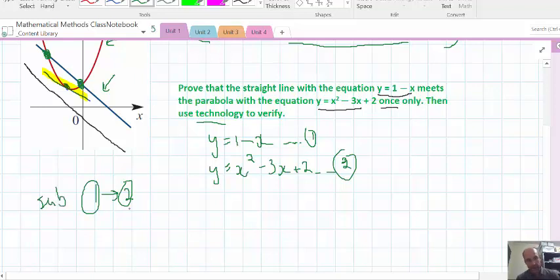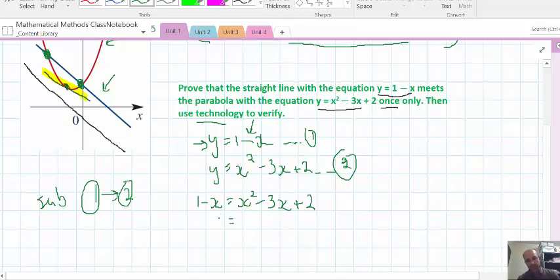So that's that substitution method. Wherever we see y, we can replace it with 1 minus x. It's still true. So subbing the result of 1 into 2, instead of writing y, I'm going to write 1 minus x. So 1 minus x equals x squared minus 3x plus 2. So you can see why we sometimes say setting one equation equal to the other. That'll be true at the point or points of intersection.